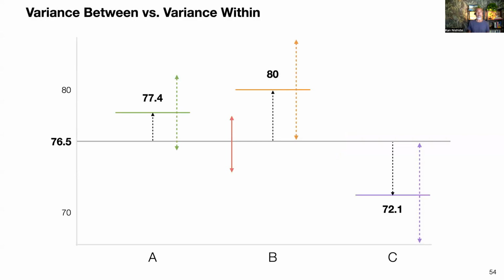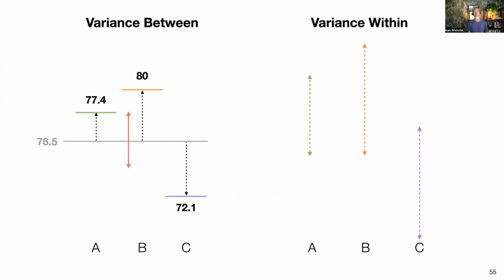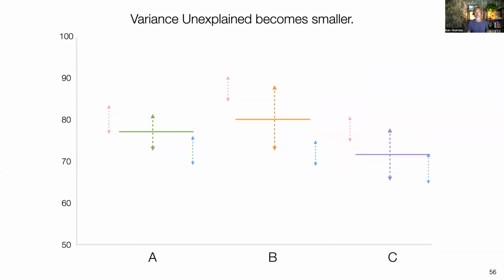So we have this variance between, which is the red line, and then we compare it against the dotted line, right? And we are basically comparing which one is larger, which one is smaller. But when you look at here, now we separated it by female or male. So the variance unexplained became smaller.